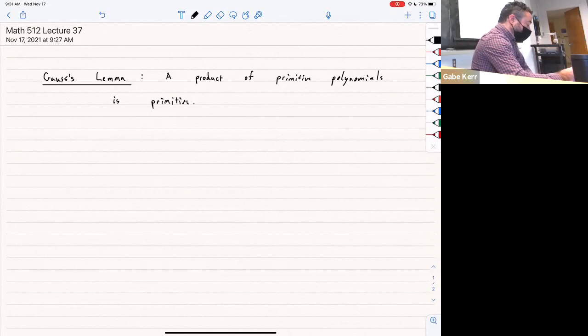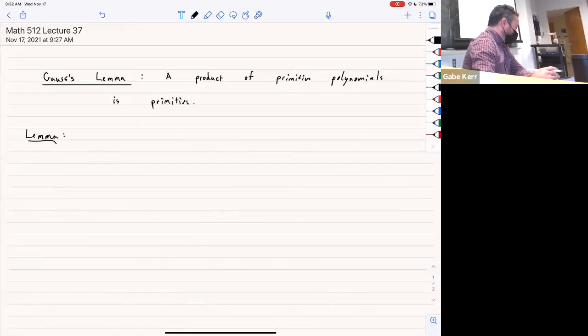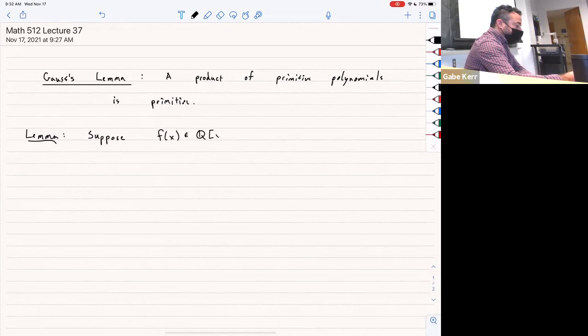So we need a few more lemmas. One is a way of breaking down any rational polynomial. Suppose f of x is a polynomial with rational coefficients, say it has positive degree.